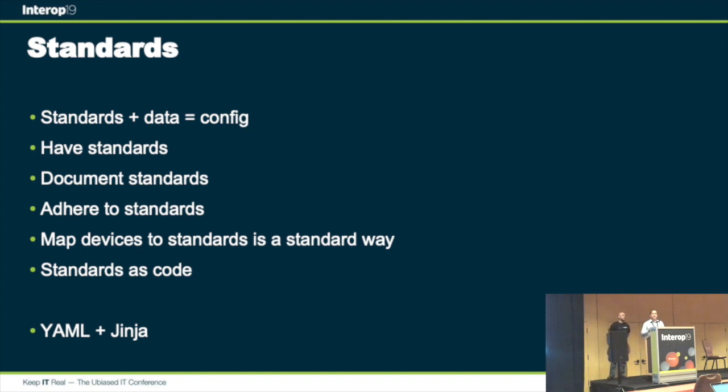Your Jinja templates are your standard, and your data could be in YAML or JSON or in your databases, wherever that happens to reside. As you populate those templates with your data, you get a configuration. Whenever you put the same data into the same template, you will always get the same config. That is your set of standards.